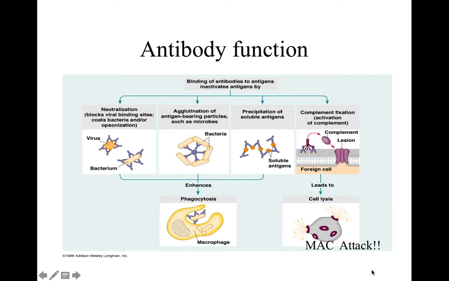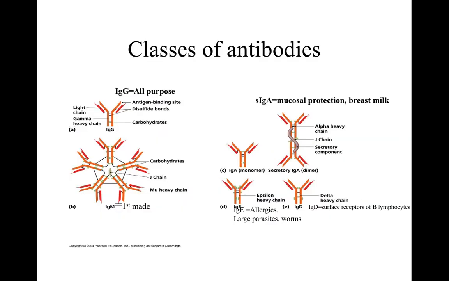The MAC attack can damage the envelope of viruses, and we know if the viral envelope is damaged, they're no longer infectious, right? We can get holes formed in the outer membrane of gram-negative bacteria, and then the complement can get into that periplasmic space and then insert into the cell membrane of the gram-negative bacteria, leading to lysis, right? So these antibodies are just awesome.